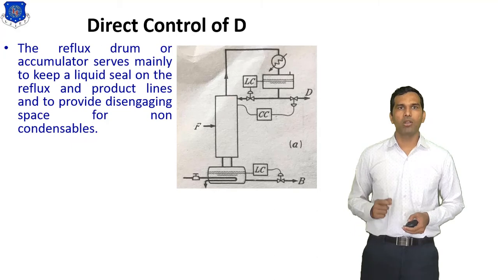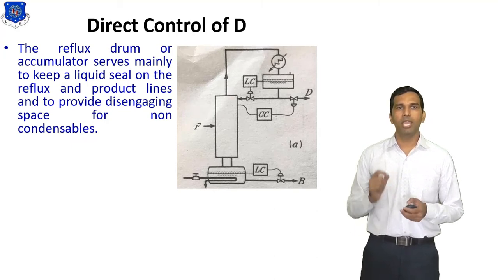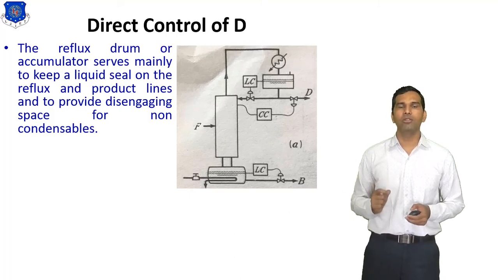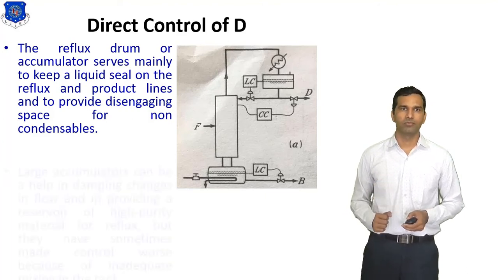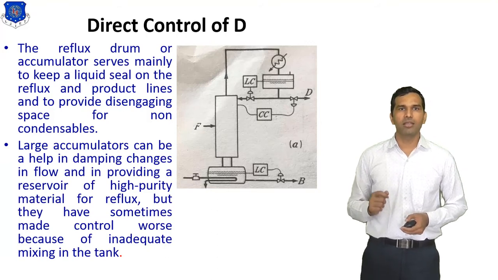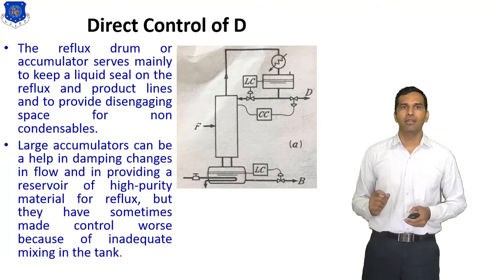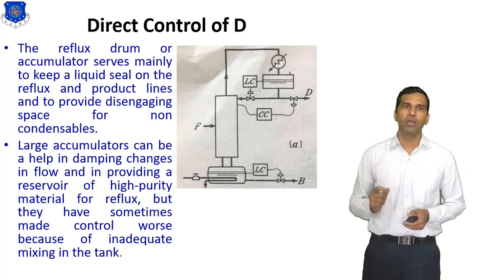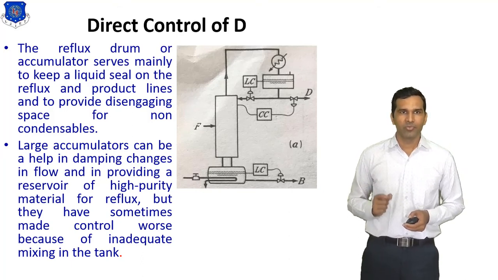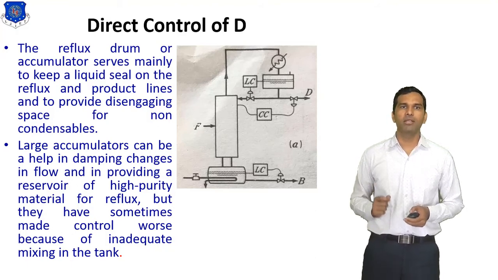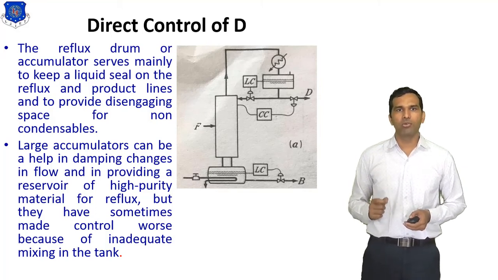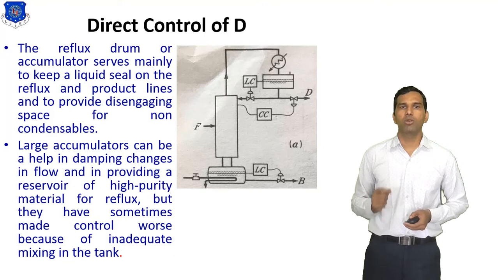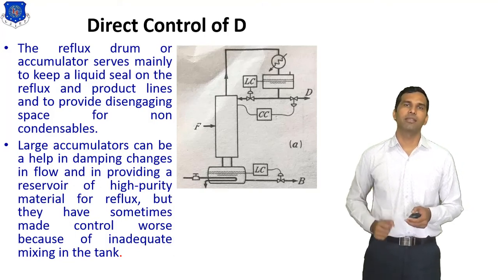The reflux drum, or the accumulator, serves mainly to keep a liquid seal on the reflux and the product line and to provide a disengaging space for the non-condensables. A large accumulator can help in damping changes in flow and in providing a reservoir of high purity material for reflux. But it has sometimes made control worse because of inadequate mixing in the tank.